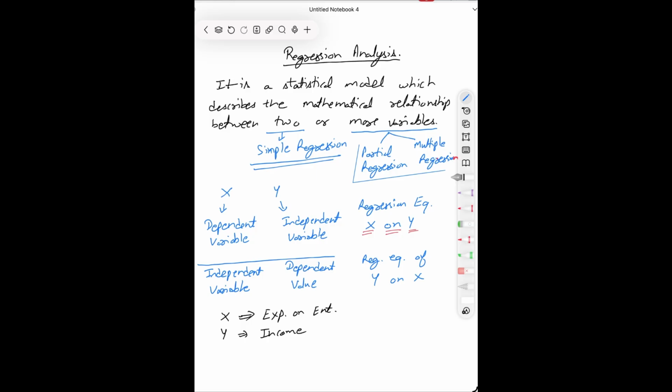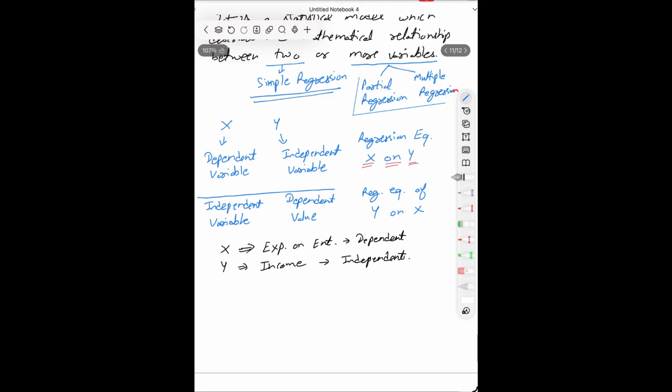So it is obvious that the variable x is dependent on the level of your income. So we can say the variable x is dependent and variable y is independent variable. In this case, what we have to calculate? We have to find out x on y.